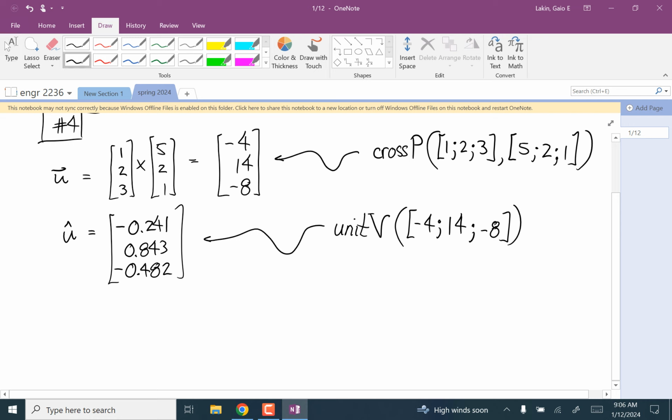So if this is u1, this is the unit vector in the direction of u1. Then the other unit vector perpendicular, just switch all the signs. So 0.241, negative 0.843, positive 0.482.